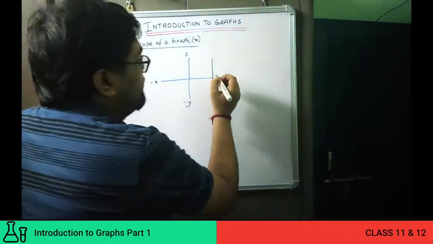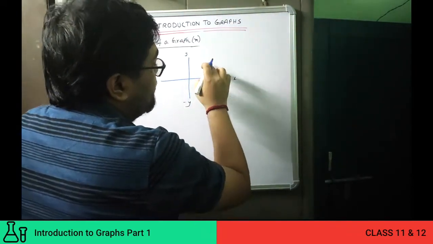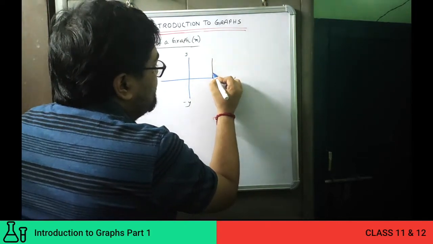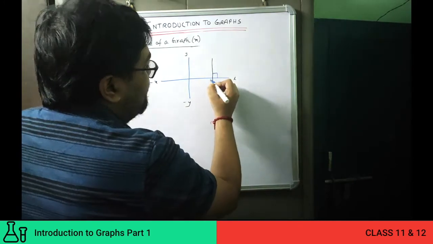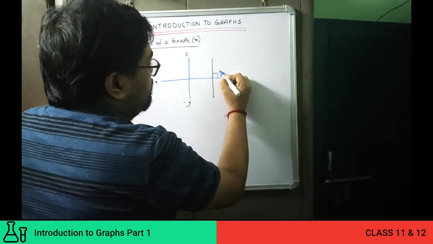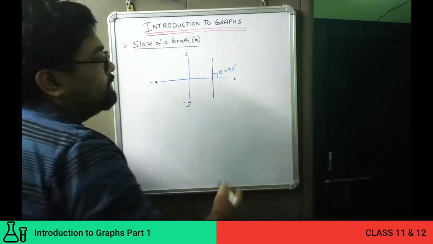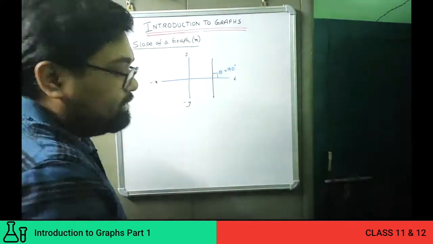Now, I have told you tangent to the angle made by the line along the positive x direction. So, what is the angle that the line is making with the x direction? It is absolutely perpendicular. So, here the value of theta will be 90 degree.